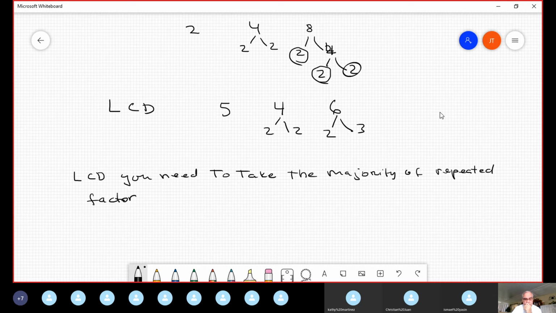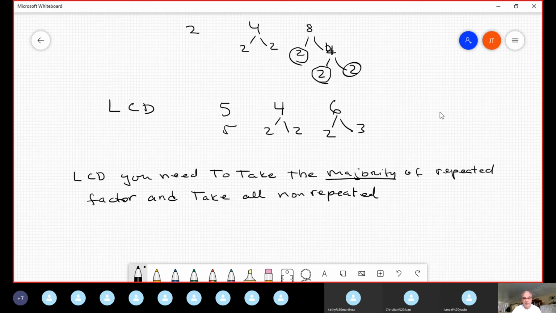In this case, a number. And take also all non-repeated ones. We can see something repeated here? One factor, the factor is 5.